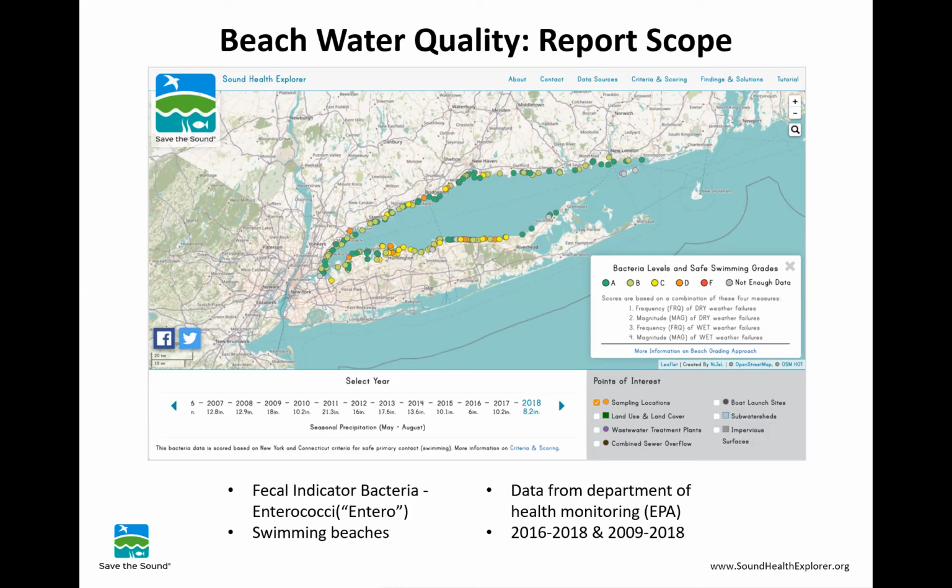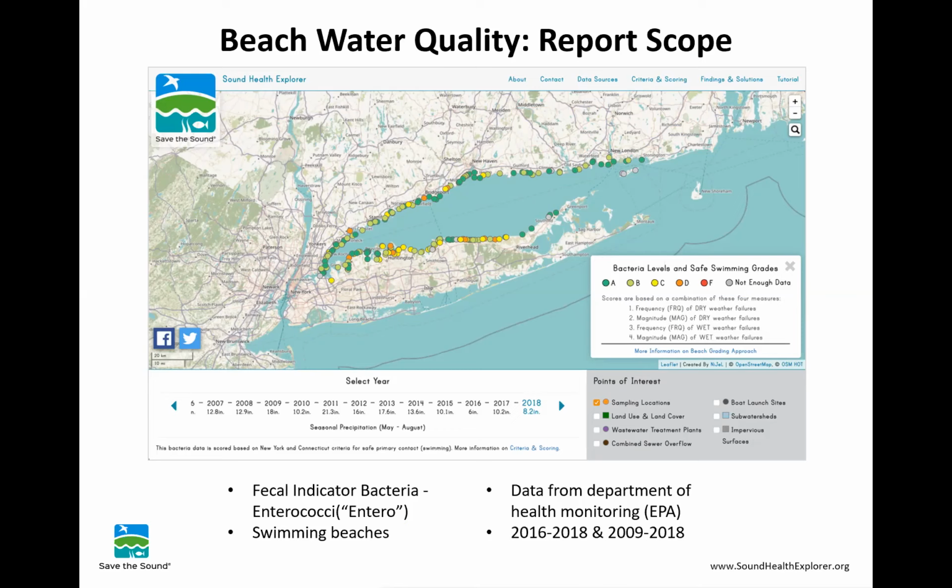So we designed this tool, the soundhealthexplorer.org, to scrape the data out of that database and put it into this website. We combine it with other data. Most relevant to the grades is the rainfall data. And then, as you can see in the bottom right-hand corner, for people who want to do a deeper dive, they can also look at other things that relate to beach water quality by turning those layers on.